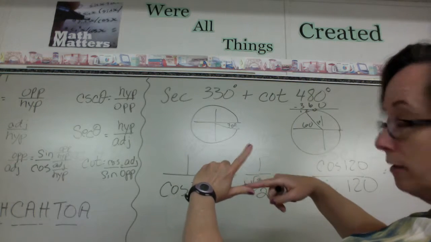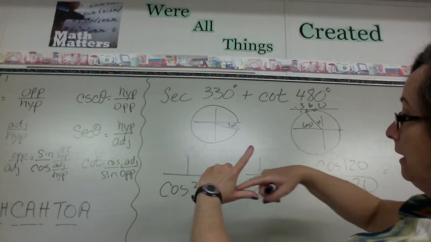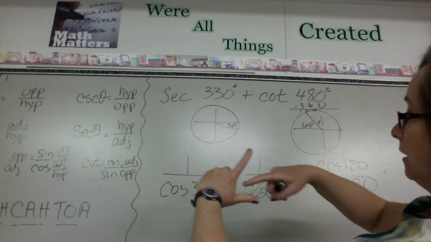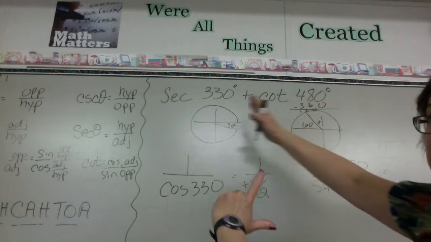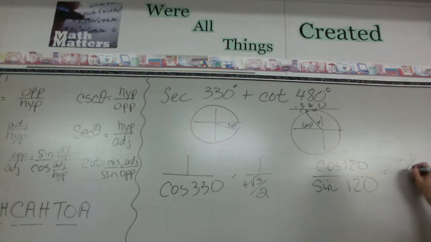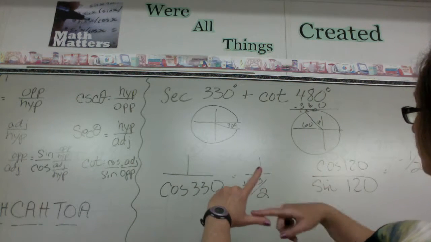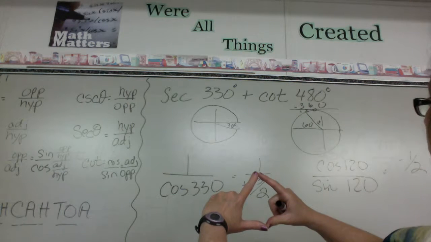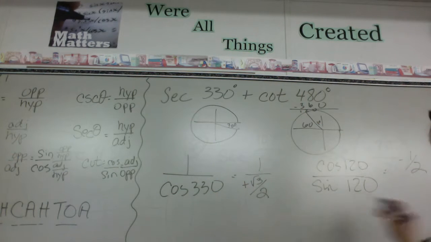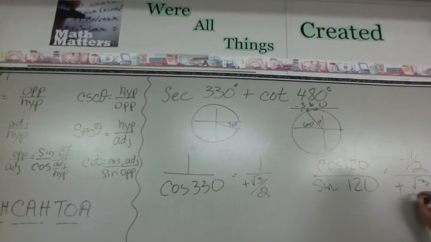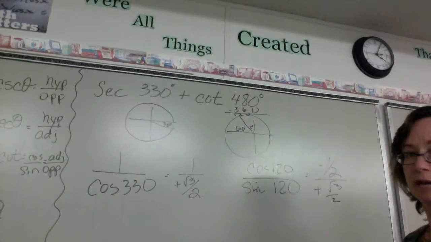My 60 degrees is going to be a cosine that is short, right? So it's going to be 1/2, but it's to the left, so it'll be a negative 1/2. And the sine of my 60-degree reference angle is my long one. It's square root of 3 over 2, and it's positive. So positive square root of 3 over 2, okay?